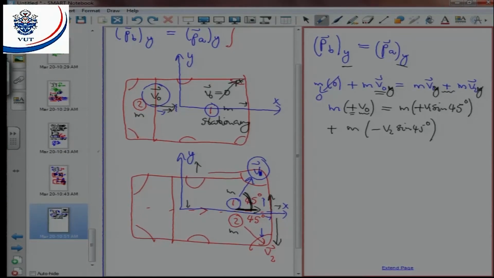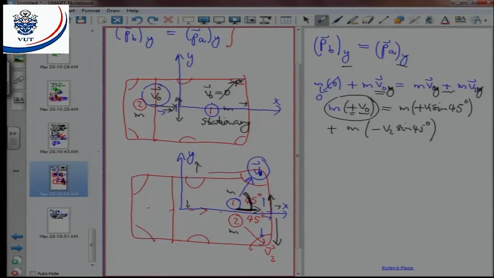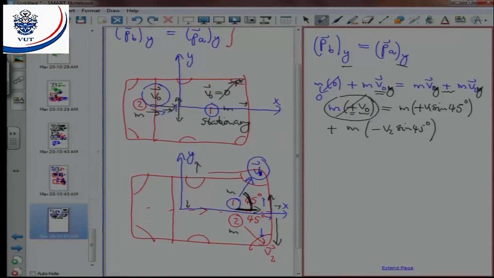Okay, so we were looking at the y, so this term over here should be 0 because we don't have a y component for the initial speed. The initial speed is only in the x direction, so that term should be 0. My mistake, apologies. So this term is just 0 because we are looking at y.